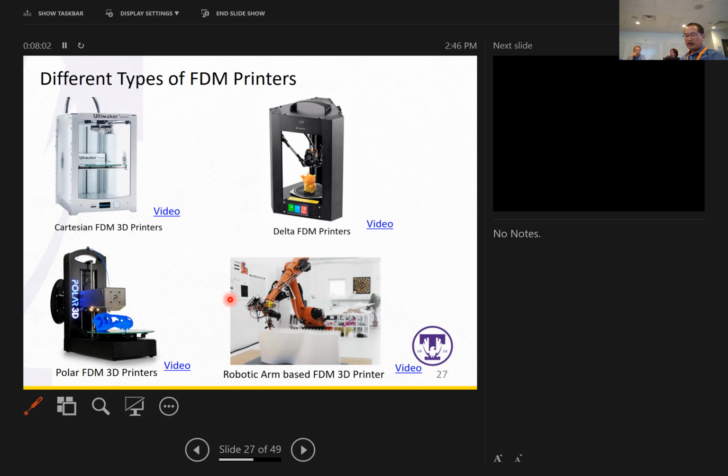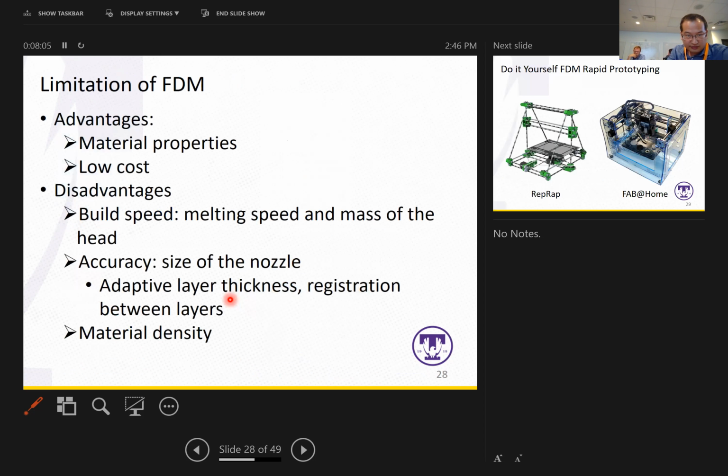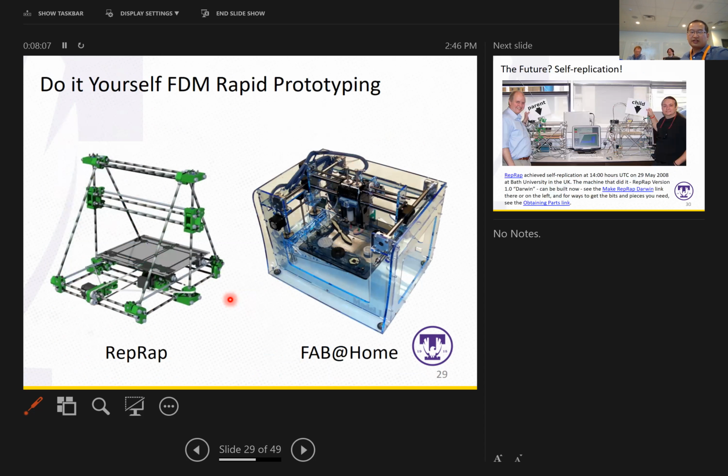I think we can move on and talk a little about those do-it-yourself fused deposition machines. This kind of machine is the most popular in the DIY community because it's cheap and simple, and another good thing is its patent just expired, so you can do whatever you want with this kind of technology.